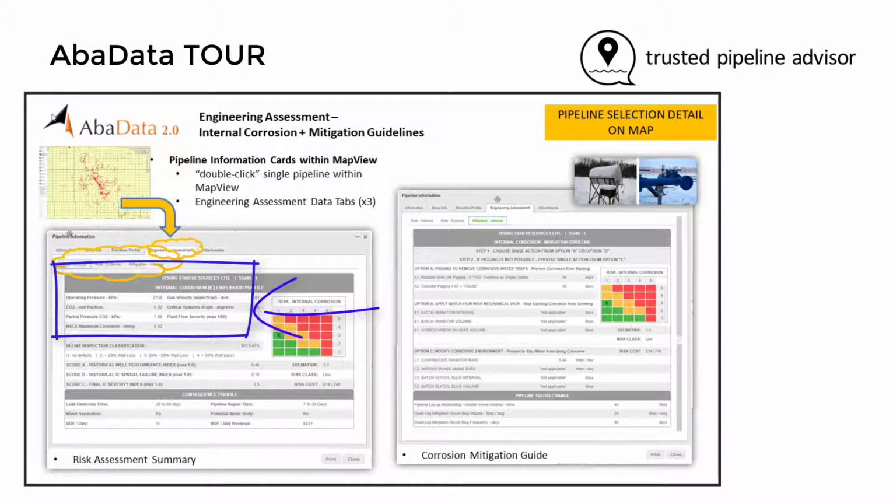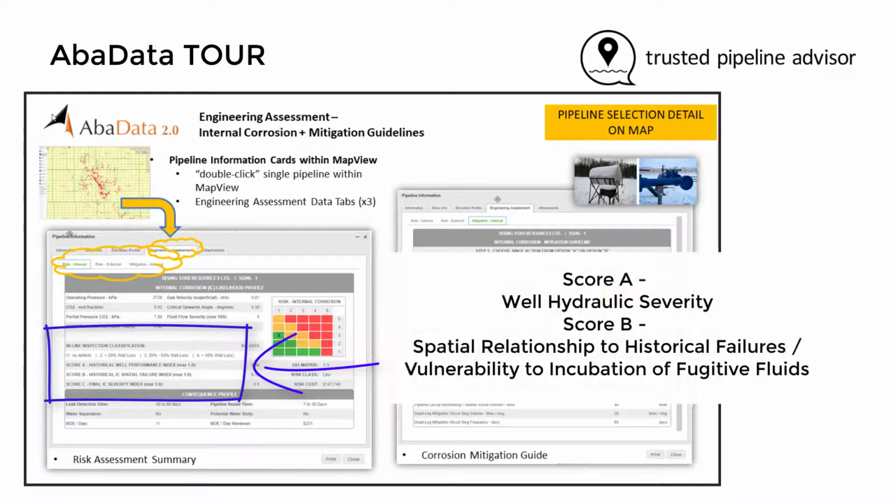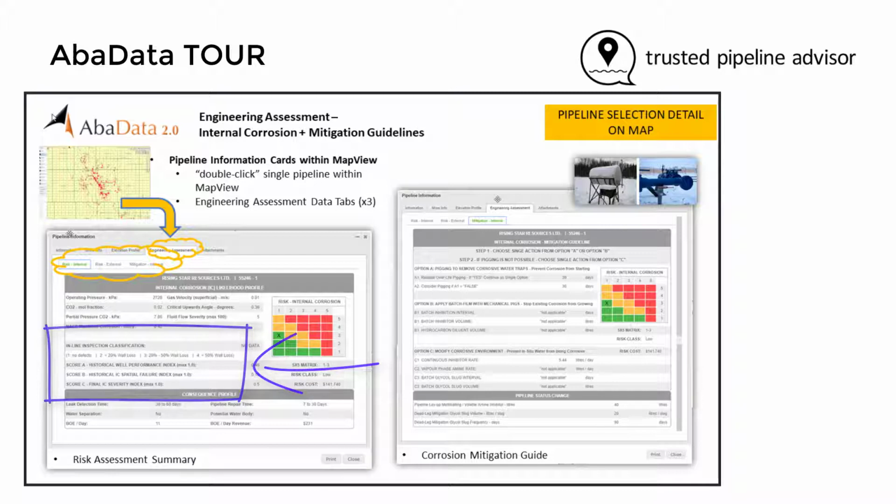Consideration of CO2 and water film flowing conditions as a measure of potential pH suppression within stagnant water traps, and a summary of the parameters derived by application of data pattern analytics onto the AER public data sources, including well hydraulic severity, spatial relationship to historic failures, and vulnerability to incubation of corrosive fugitive fluids within upstream wells. In addition, the user is provided with calculated results that contribute to the consequence scoring.